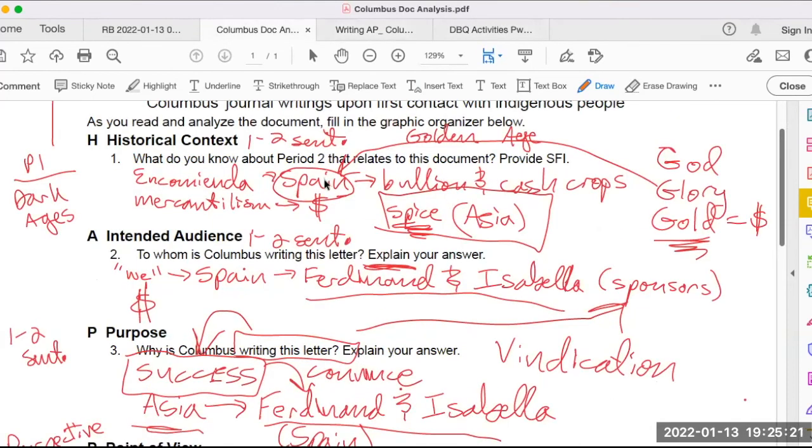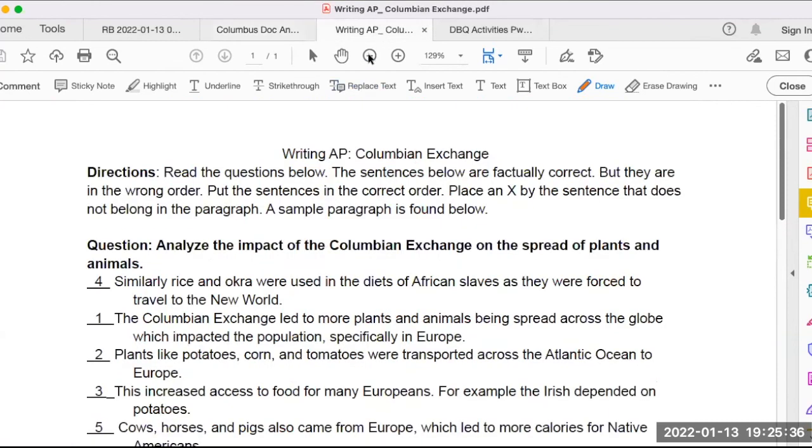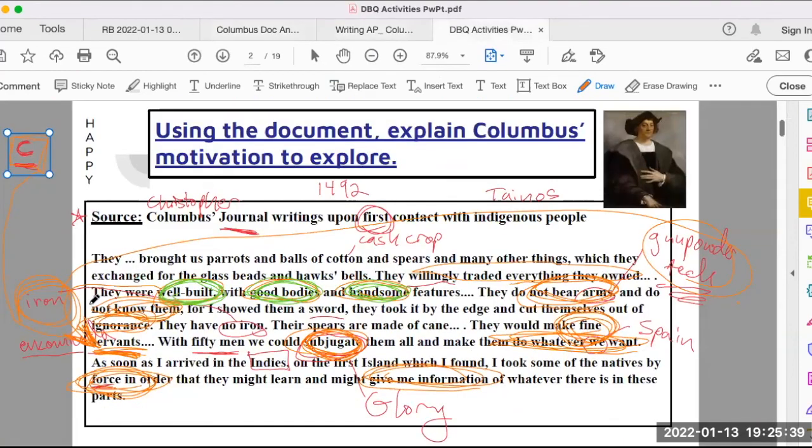Spain wants to become dominant and enter into its golden age by finding a route to Asia, but instead Christopher Columbus, who was sponsored by Spain, ends up landing in the New World instead. And then I would go to, how does this document support my thesis? Well, in the document, Columbus describes how the natives lacked iron weapons and gunpowder technology, thus supporting the claim that there were technological reasons behind the European dominance of the New World.